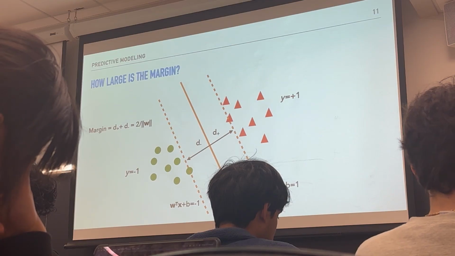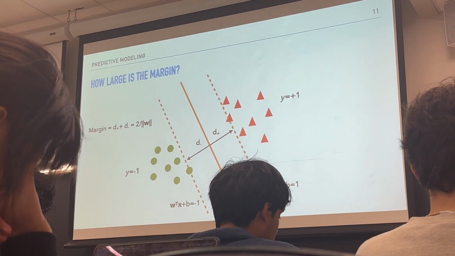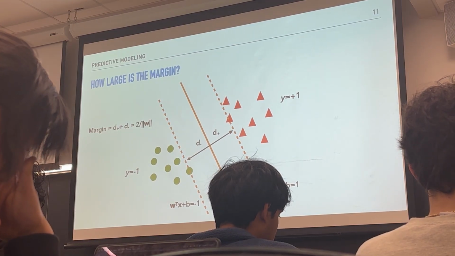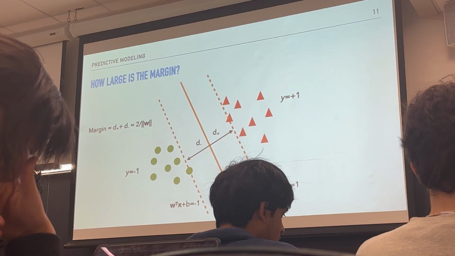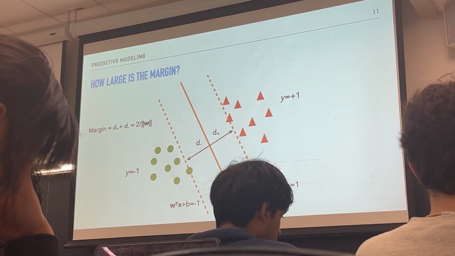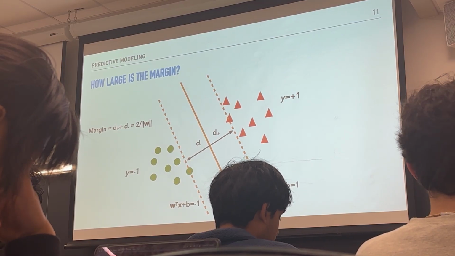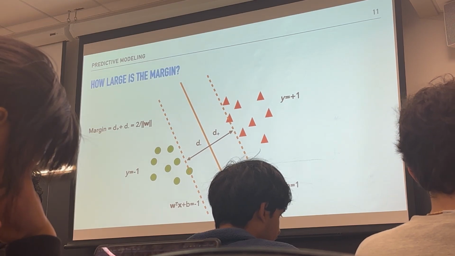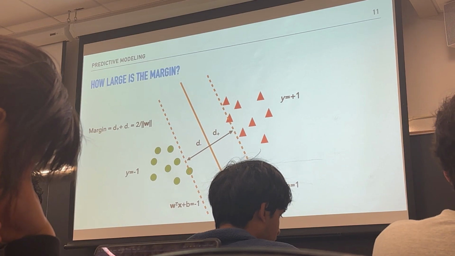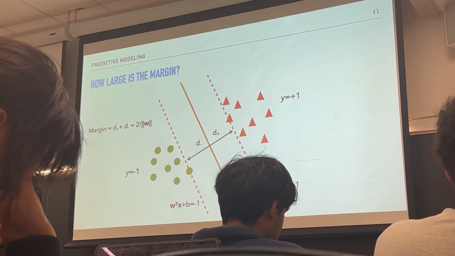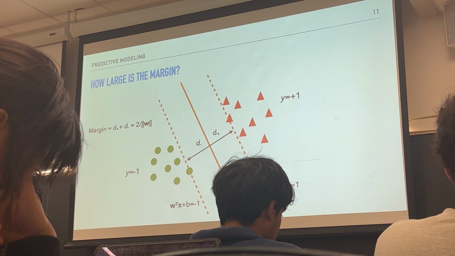What is this direction? W transpose is what I'm saying. That's the direction of that vector.